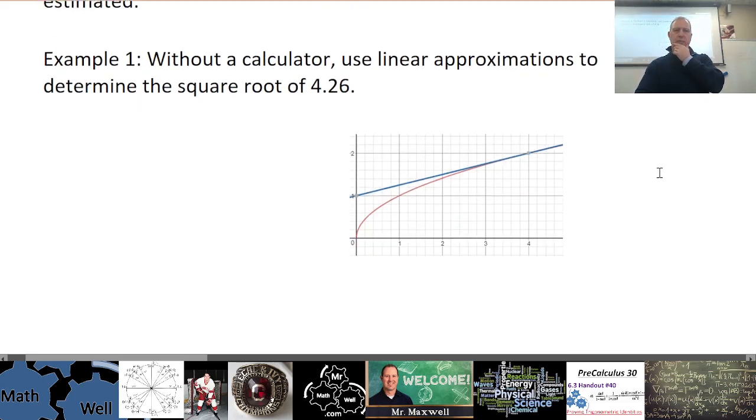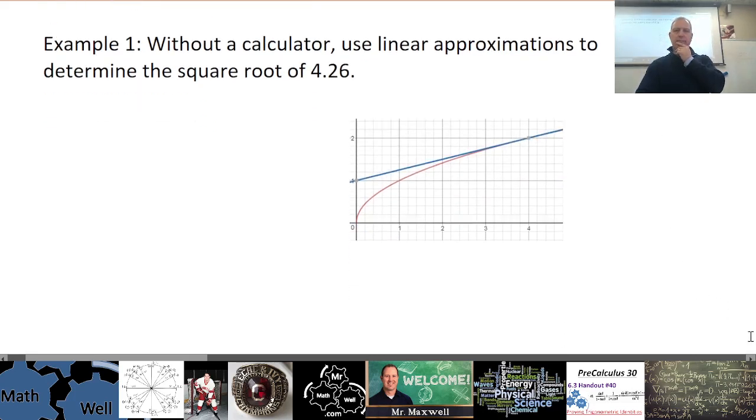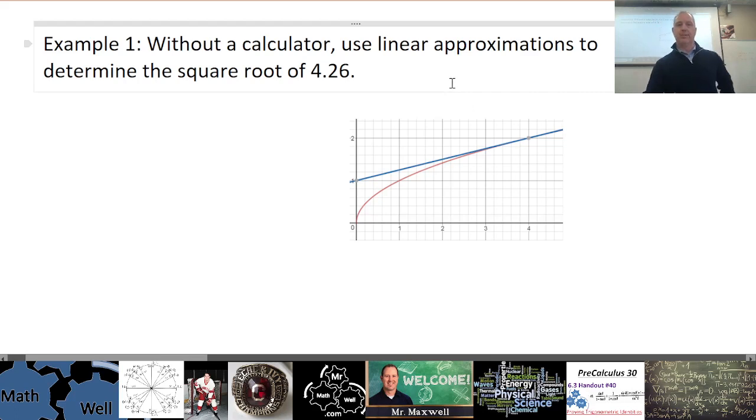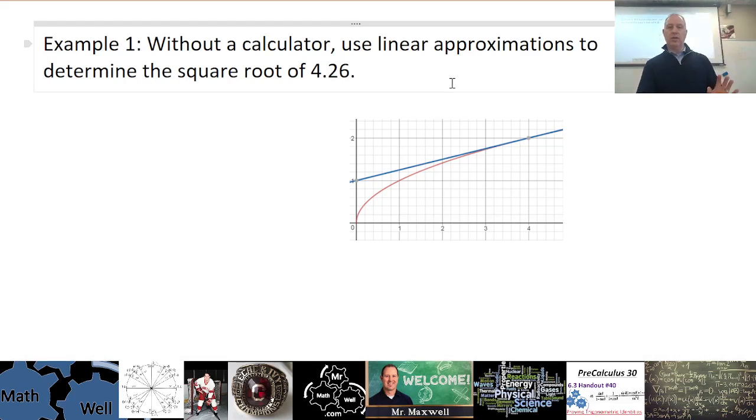Example 1 says, without a calculator, so we can't just plug our x value of 4.26 into our given function, use linear approximations to determine the square root of 4.26. I've got a little diagram there, obviously, so I'll give you a chance to jot that down.